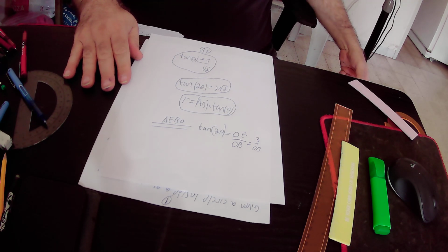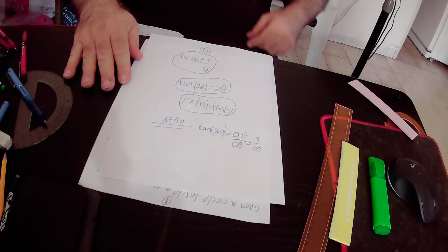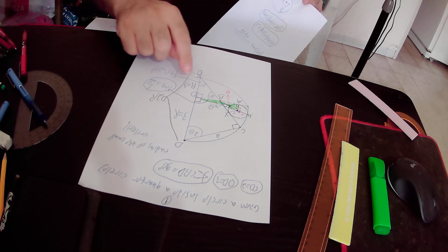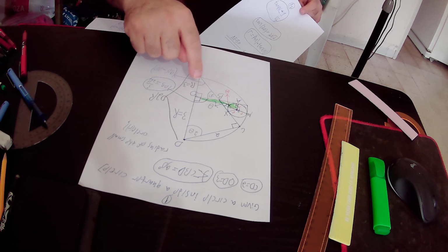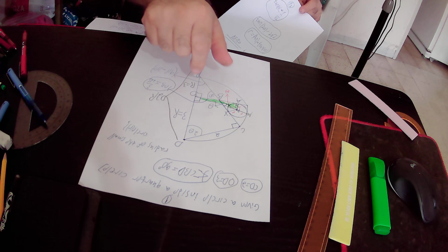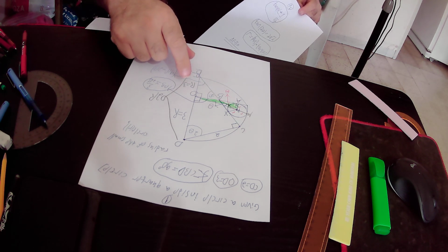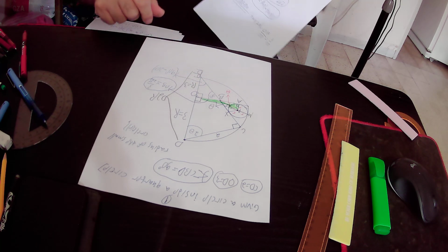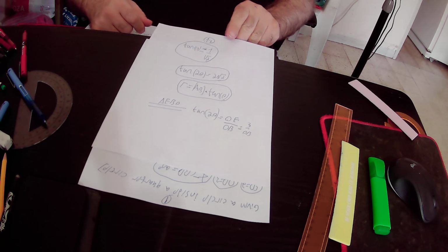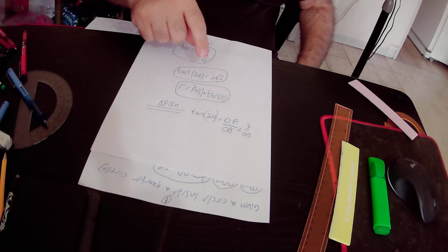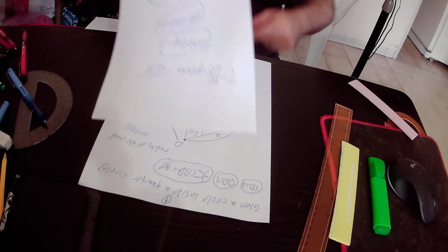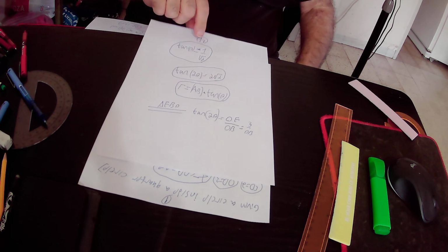So in triangle EBO, this small right triangle, tangent 2 theta equals OE over OB. We know that OE is the radius of the semicircle, which equals 3 units.